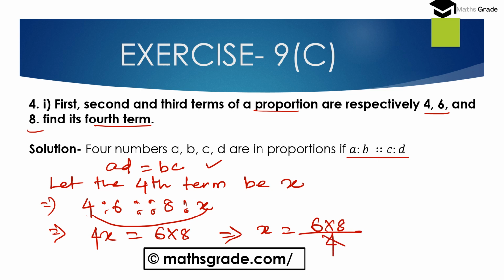Now cancel 4 and 8. 4 divided by 4, multiplied with 2 is 8. Now 6 multiplied by 2 is 12. Now the fourth term is 12. So the fourth term will be 12.